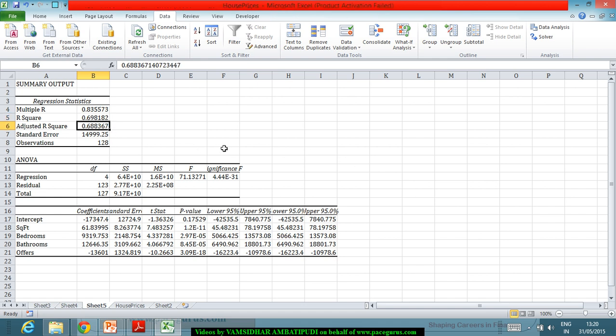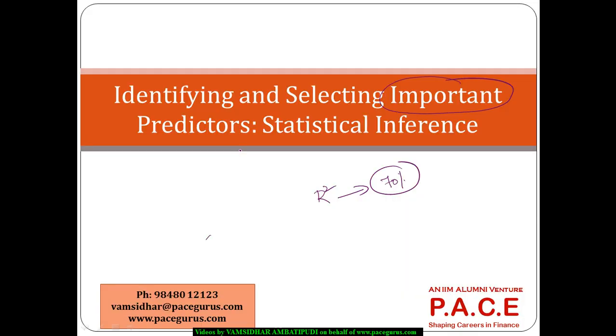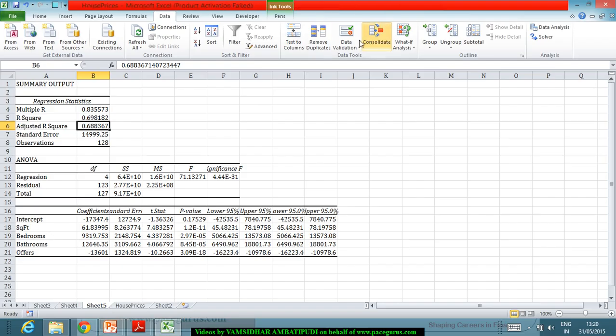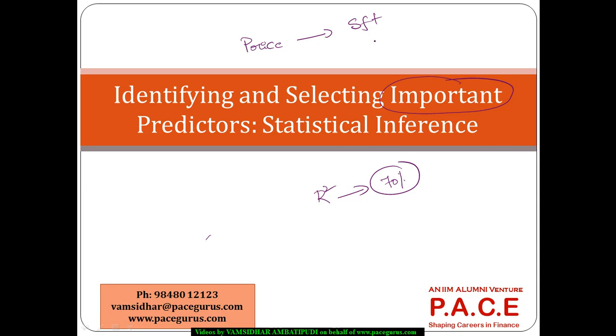Even the adjusted R squared is 68.83%. It's an indication that the price of the house is not exclusively based on square feet. There is a possibility that it is very much based on the number of bedrooms, the number of bathrooms, and probably the number of offers that it is receiving for a purchase and a sale.